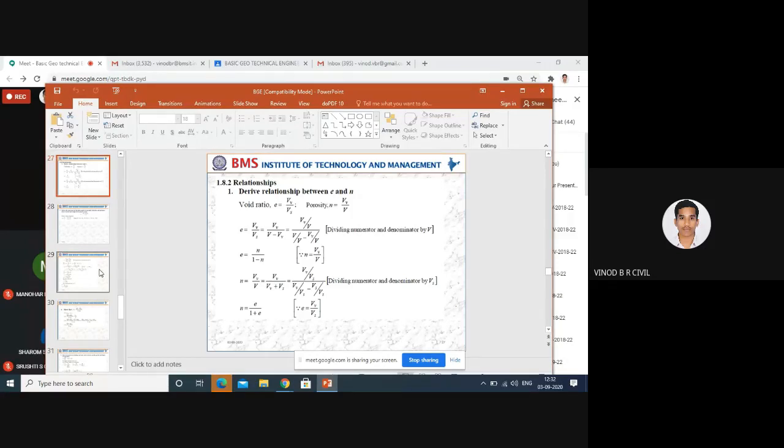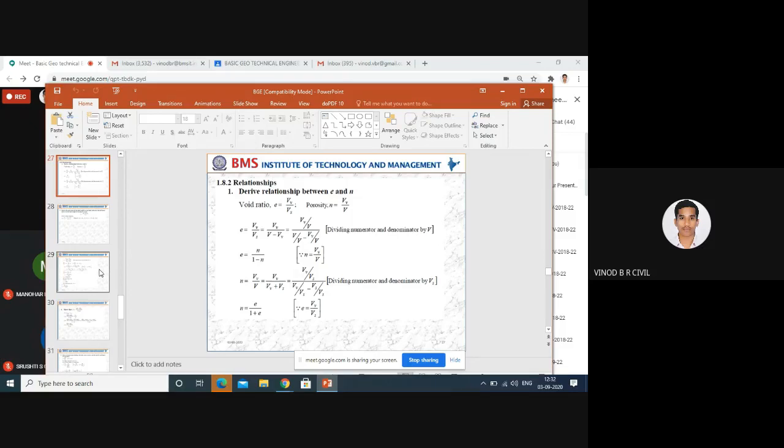Next, dividing the numerator and denominator by V, the total volume, numerator is volume of voids divided by V, and denominator is V divided by V minus Vv divided by V.